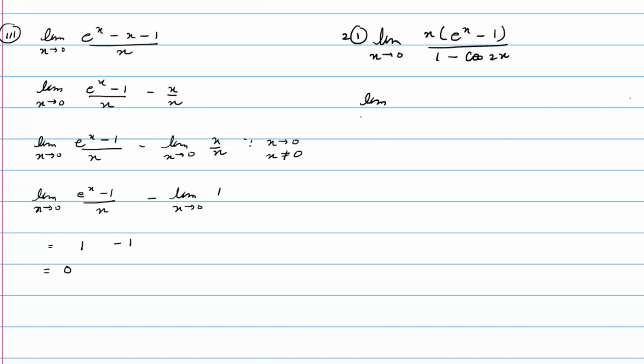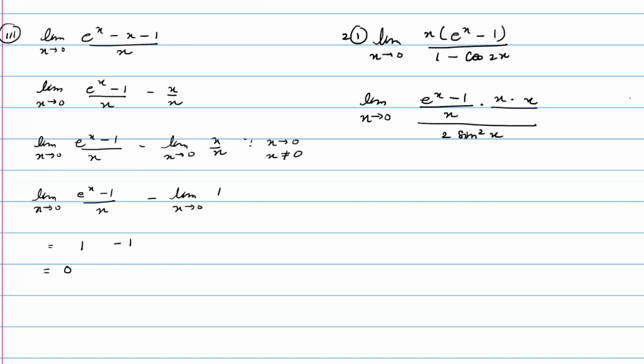Now this is limit x tends to 0, e raised to x minus 1. I need an x below. So if I put an x below this, I will have to multiply with an x. Now 1 x is already there, so I am writing it here. And 1 minus cos 2x should give you 2 sine square, half angle. This is 2x, so it becomes x.